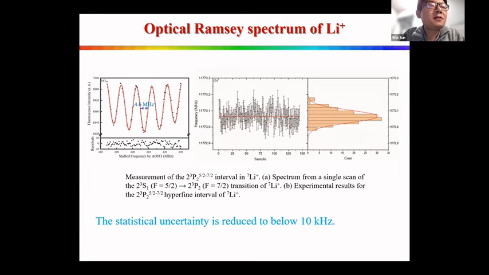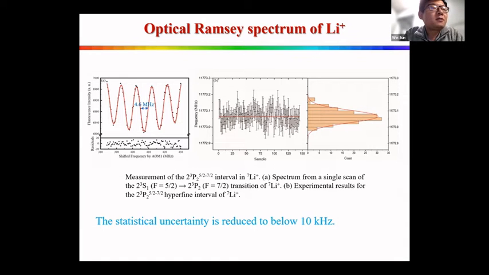So it is seen that in the optical Ramsey spectroscopy, the spread of the distribution is much smaller than in saturation spectroscopy. The statistical uncertainty was quickly reduced.